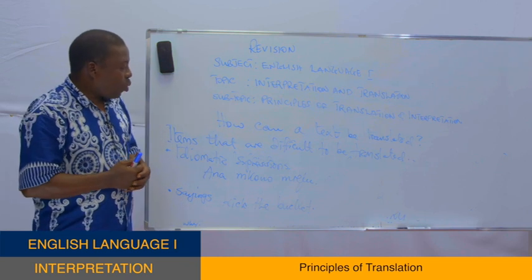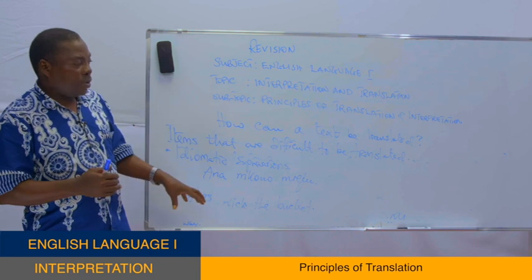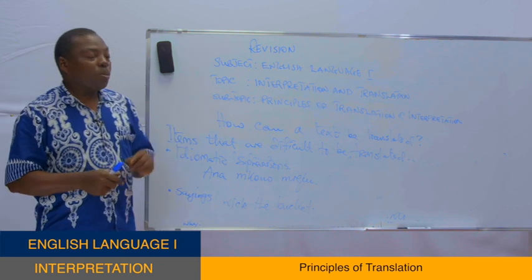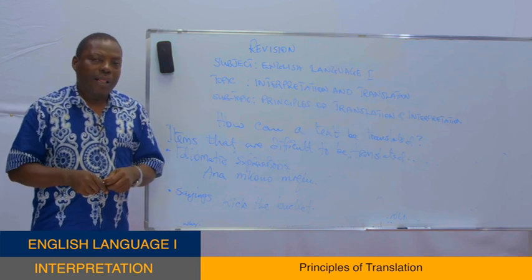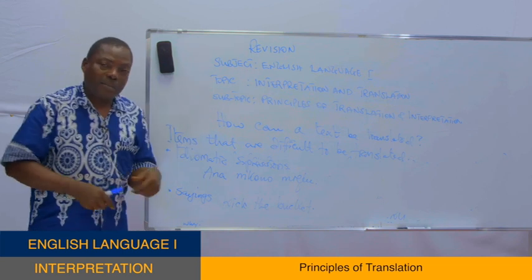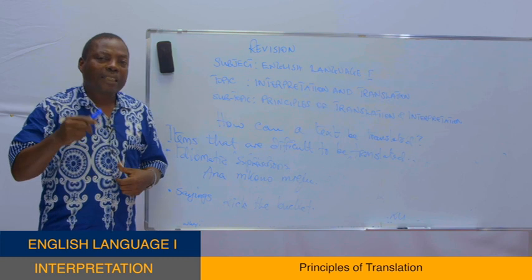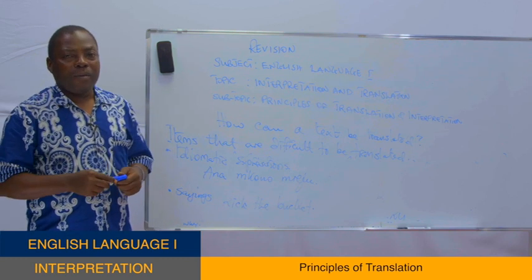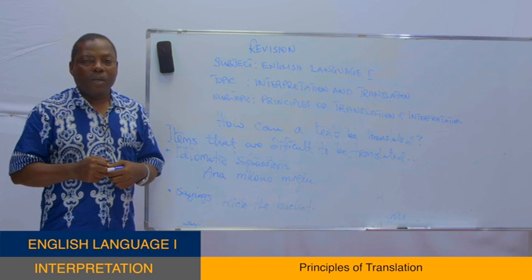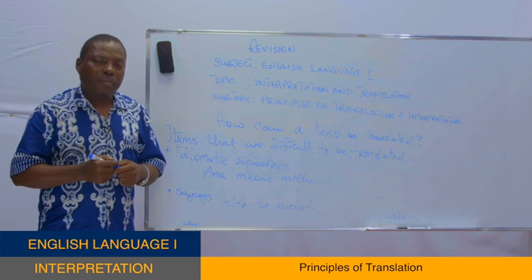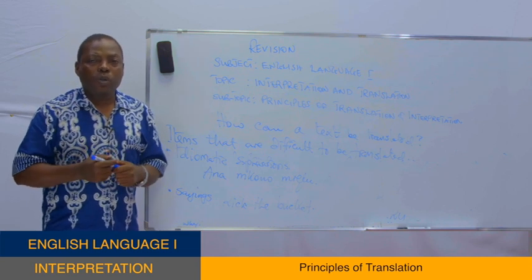So in that case, what we are trying to say in all these is that for a person to be a good translator, he has to be able to know that there are these content items that are sometimes challenging, sometimes difficult to be translated. So when he or she comes across them, what is he or she supposed to do?